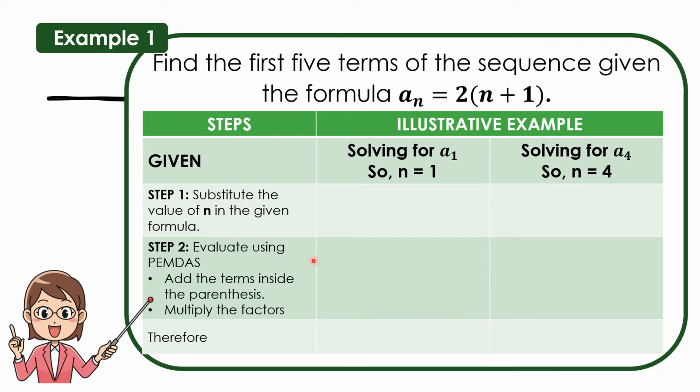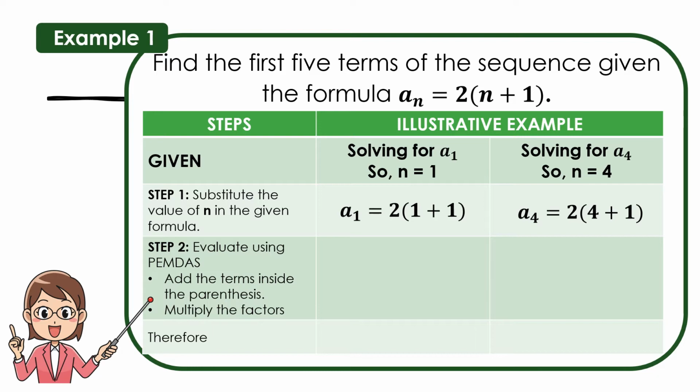Now, substitute the value of n in our given formula. We have a sub 1 is equal to 2 times the quantity 1 plus 1, and a sub 4 is equal to 2 times the quantity 4 plus 1 respectively.